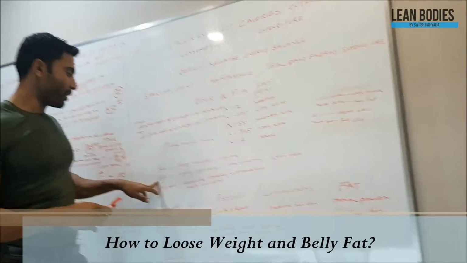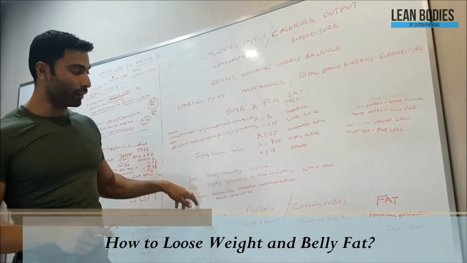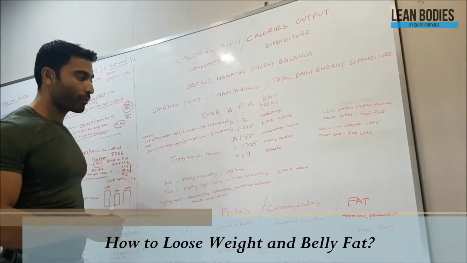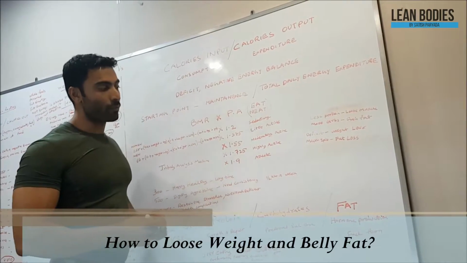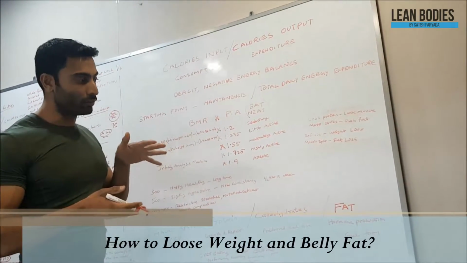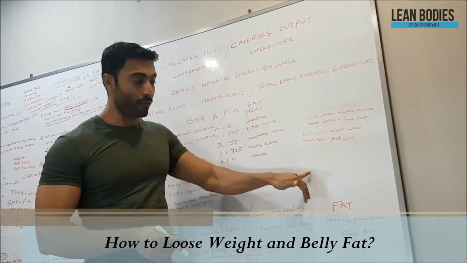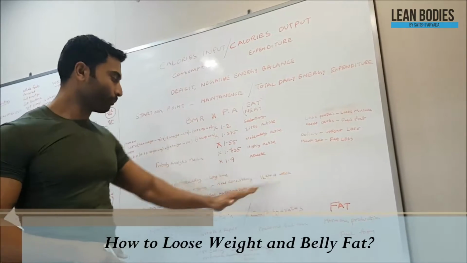The other, which is slightly aggressive, is a 500 calorie deficit every day, which needs a lot of consistency, and if you're doing it the right way, you could be losing half a kilo a week. That's coming from fat instead of your fat-free mass.